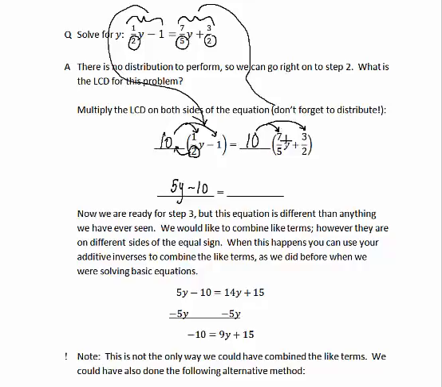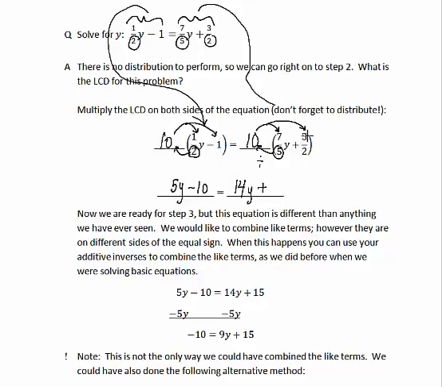Now for the right side, 7 over 5y has a denominator of 5. So if we divide the 10 by the 5, we would get 2. And so we would multiply the 7 by 2 and get 14. This number was attached to a variable, and so this would be 14y.